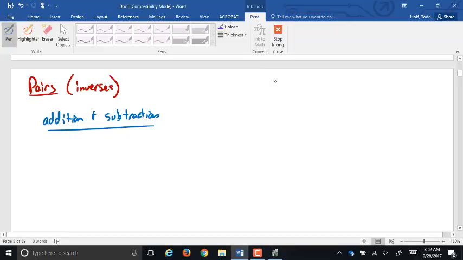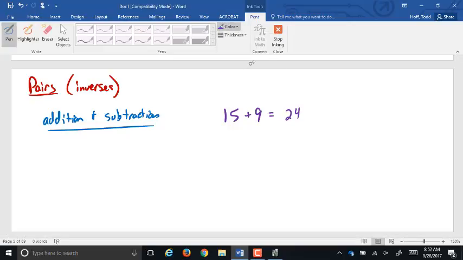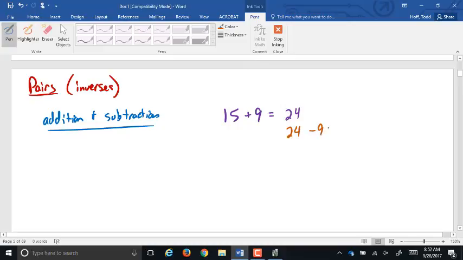Somebody give me a number between 10 and 20. 15 works for me. Somebody else give me a number between 5 and 10. 9. If I take 15 and I add 9 to it, I get 24. If we want to get back to 15, what do I have to do to the 24? Subtract the 9, gets me back to 15.